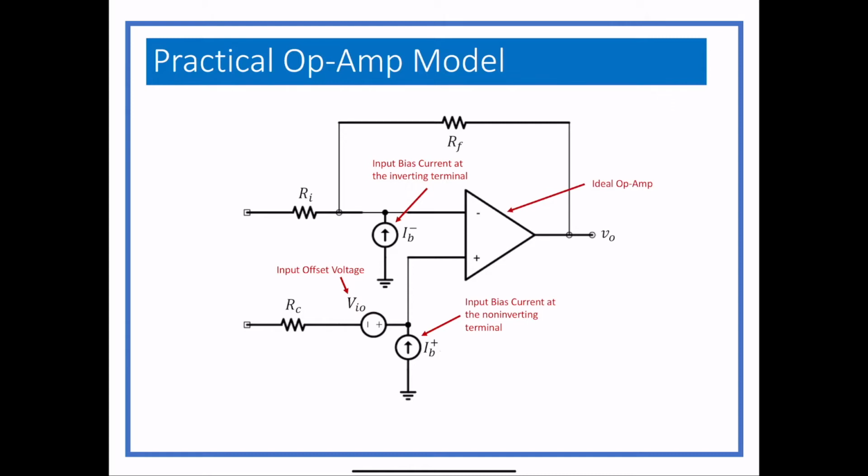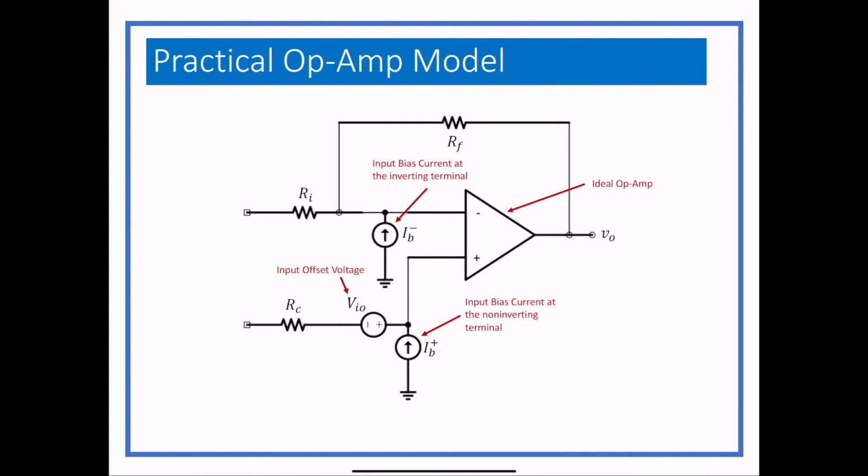So in reality, if we have a zero input and we have a closed loop op-amp and we have nothing going in, we should get nothing coming out.